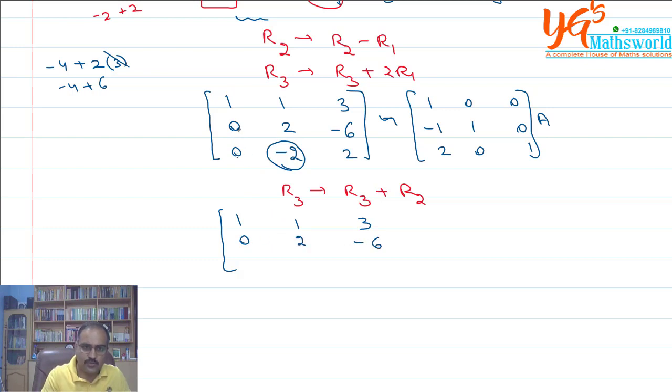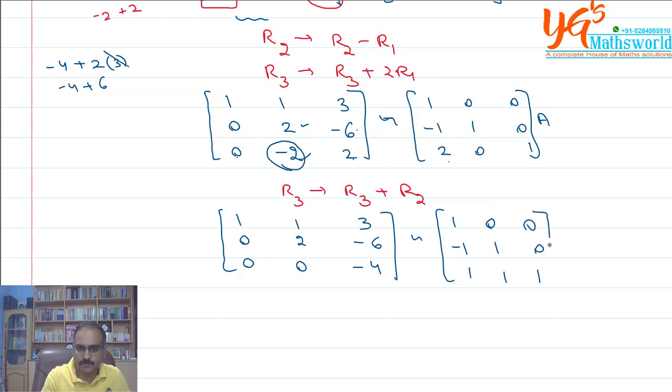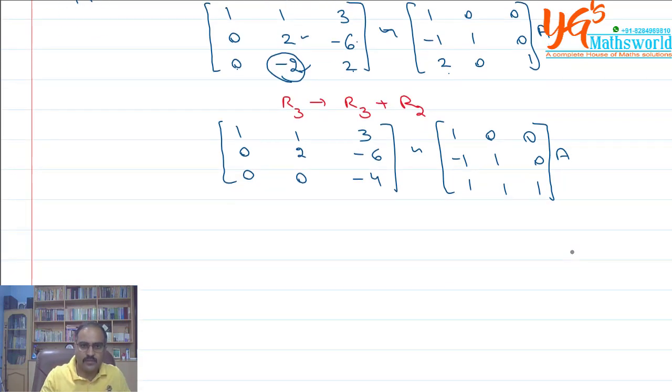On R3: 0 plus 0 is 0, minus 2 plus 2 is 0, and 2 minus 6 is minus 4. Similarly on the other side: 1, 0, 0; minus 1, 1, 0; then 2 minus 1 is 1, 0 plus 1 is 1, and 1, into A.